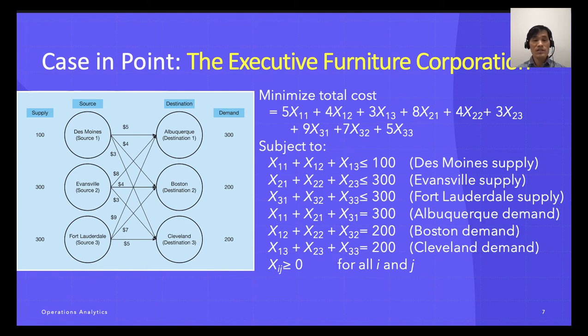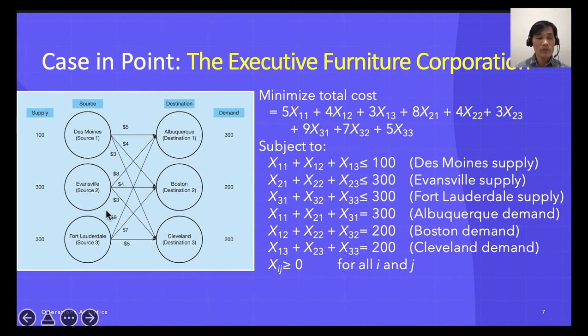Then our task is first to formulate the objective function, and the objective function is to minimize total cost. And the cost is defined by the cost to ship anything to the destination, and this takes some research for you to find out. But in this case, say all research has been done and we found $5 from source 1 to destination 1, and $4 to the next destination, and $3 for Cleveland.